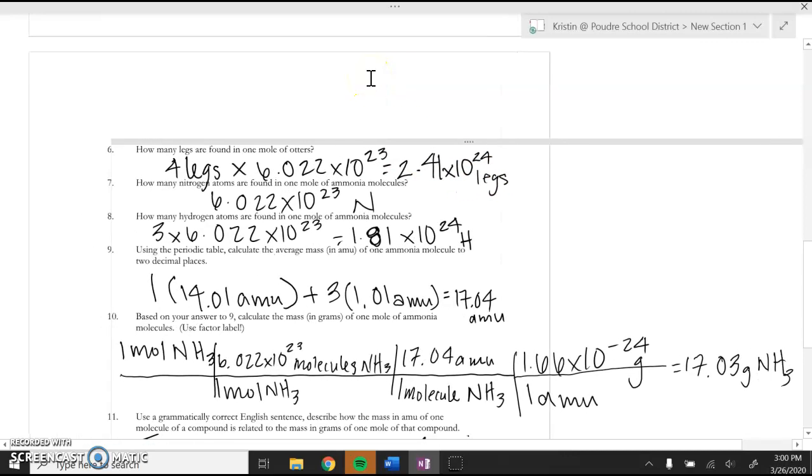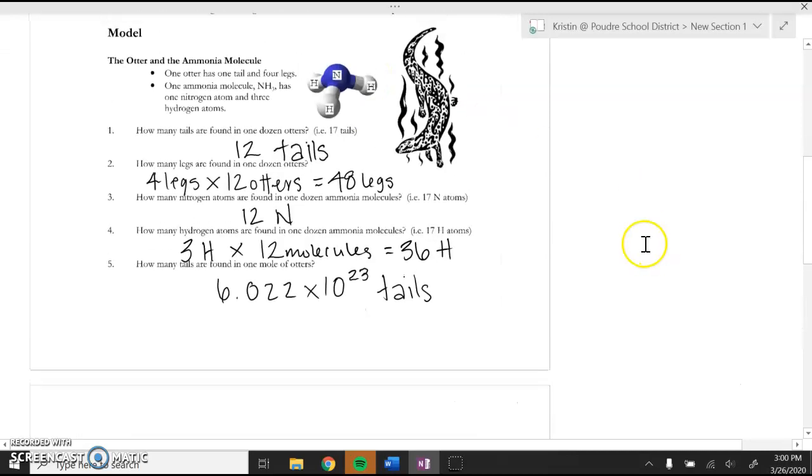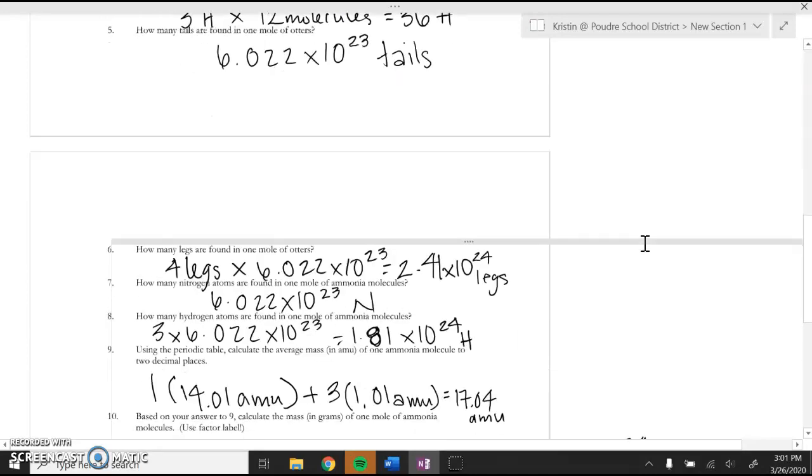Okay, I'm not sure what happened there, but anyway, how many tails are found in 1 mole of otters? And the answer to that is Avogadro's number, right? Each otter has 1 tail. If you have a mole of otters, you have 6.022 times 10 to the 23rd otters, which means you have 6.022 times 10 to the 23rd tails, which is a lot of otters.